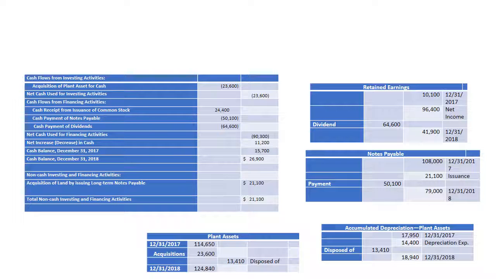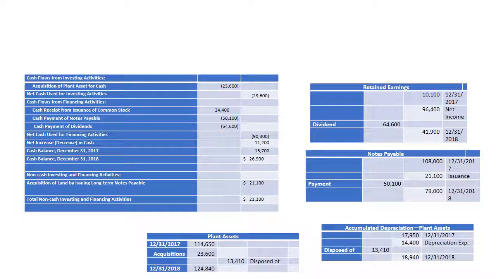And they tell us right down below, the company purchased $21,100 of land, not with cash though. So there's no effect on cash from this purchase. They purchased it with a note. We'll deal with that in a few minutes.